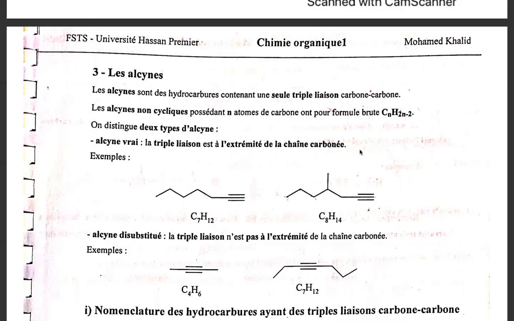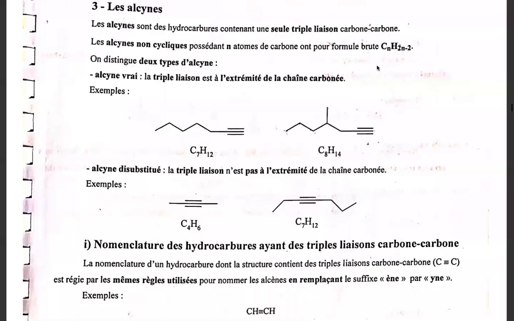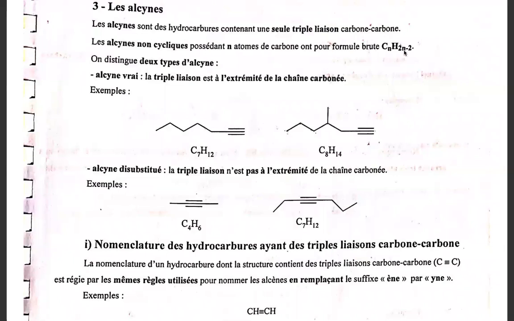For this one, we are going to have 1, 2, 3, 4, 5, 6, 7, plus this one, 8. So you're going to have 8 carbon atoms. What is 8 times 2? 16. Minus 2, 14. This is just a justification of this formula, a general formula. So we have true alkynes and disubstituted alkynes.